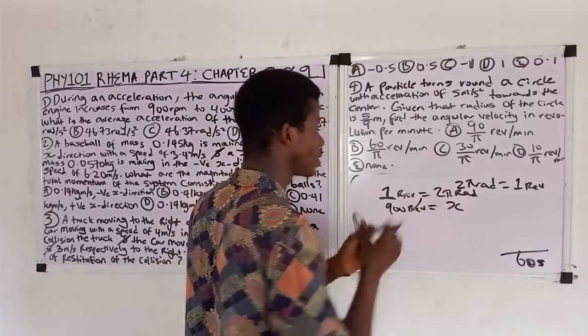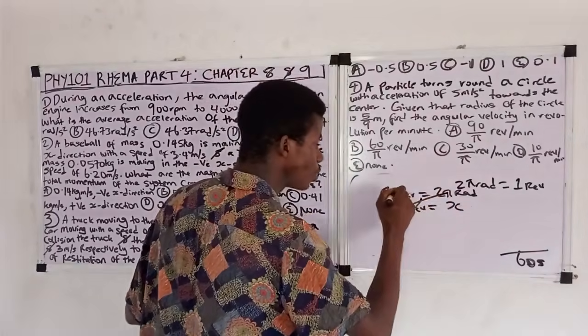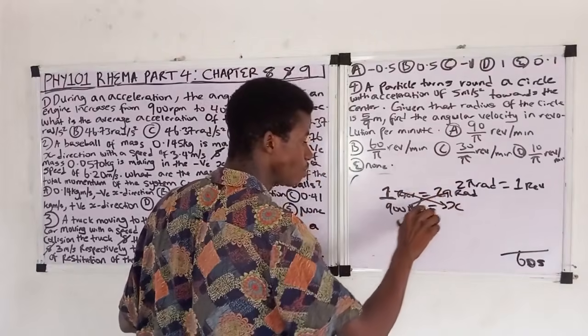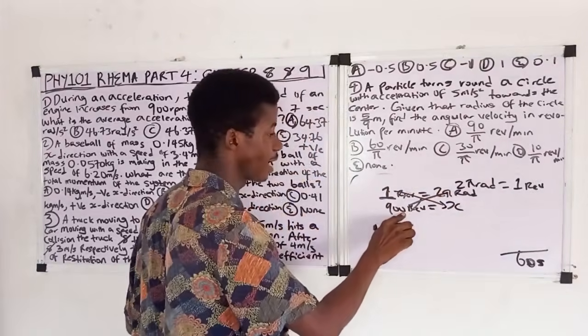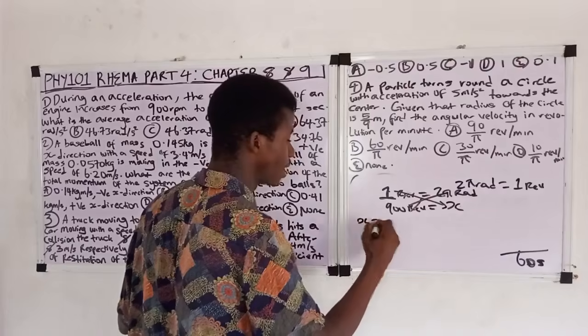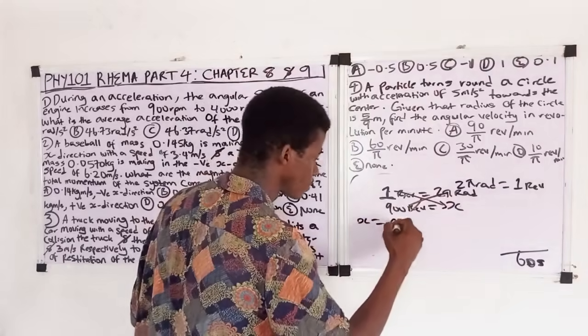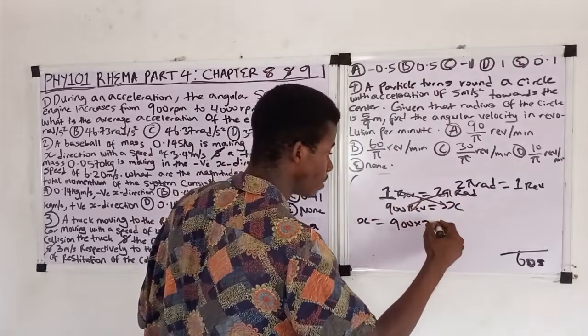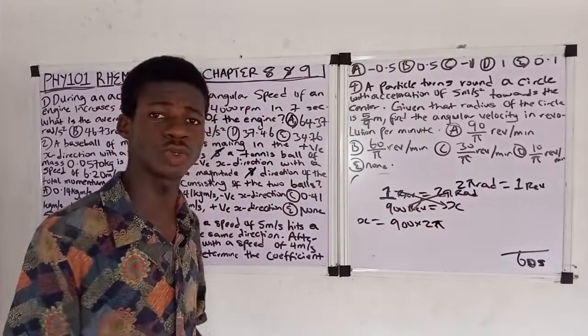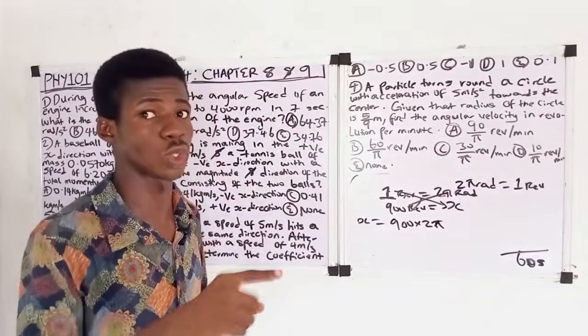So let's continue. We cross multiply, right? Yes, 1 will be multiplying X, and 2 pi will be multiplying 900. So 1 times X gives us X, then 900 times 2 pi. Remember, pi is 3.142, or 22/7.